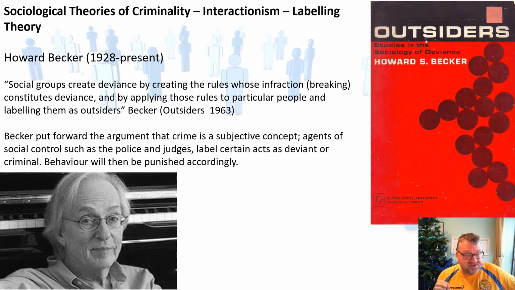So what Becker's doing here is putting forward the argument that crime is subjective. It's a subjective concept. Agencies or agents of social control, such as the police and judges, label certain acts as deviant or criminal, and the behaviour will then be punished accordingly. So crime is a social construct.